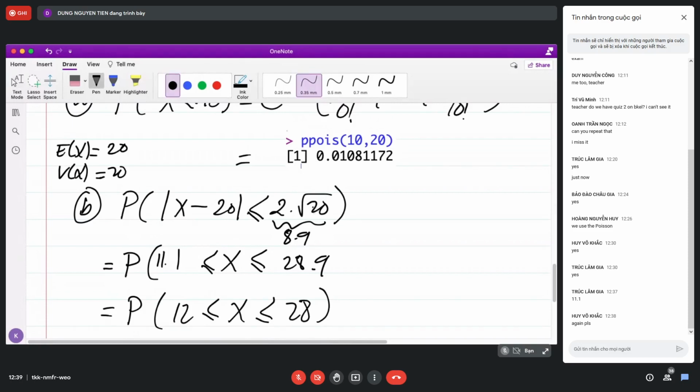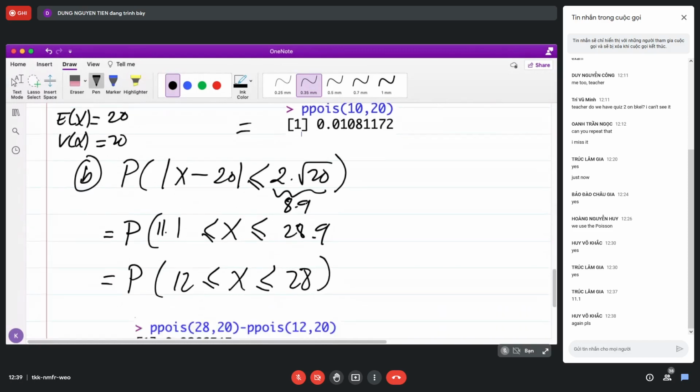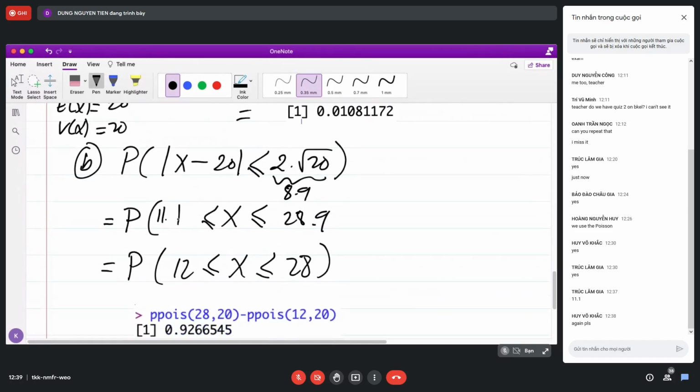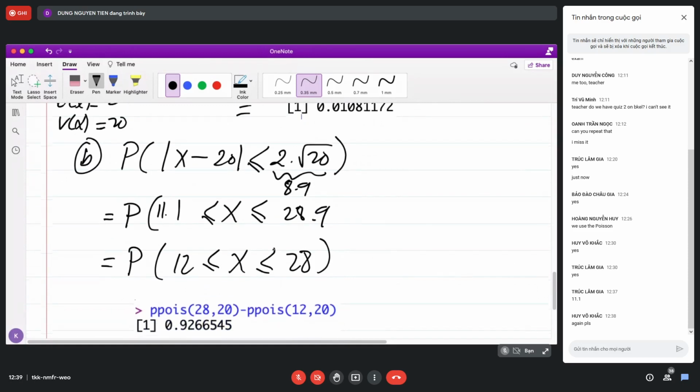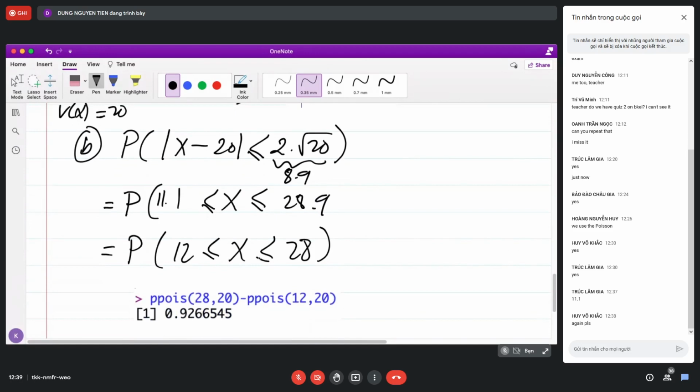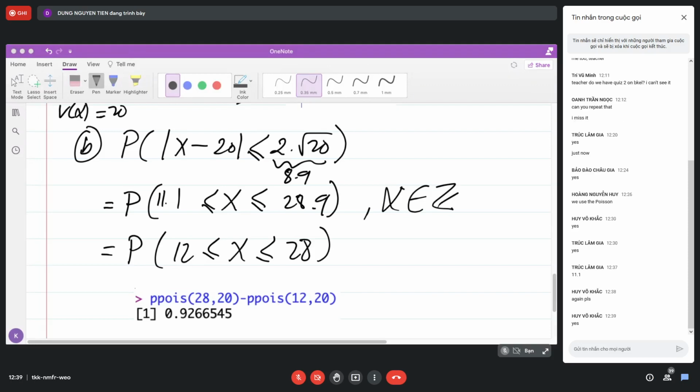The standard deviation in this case is square root of 20. So you get 8.9 for this, and you get 11.1, actually between 11.1 and 28.9, and then you come up with this number, right? Because x is an integer, therefore x is between 12 and 28. Do you understand what I'm saying? Is it clear?